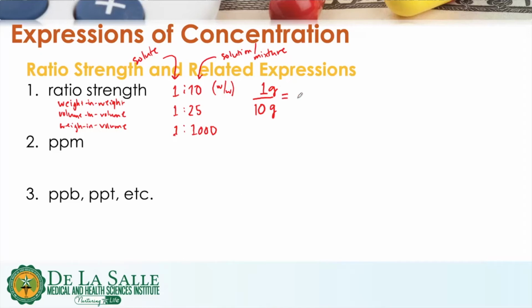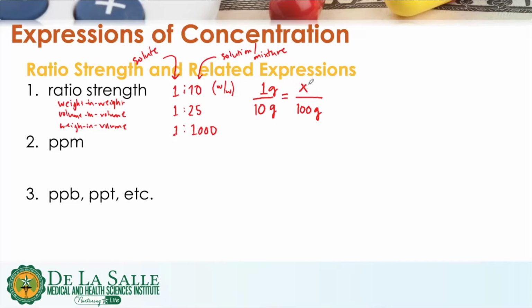If we were to convert this to percent strength, we will simply perform ratio and proportion like this. To determine the equivalent percent strength that is also in weight, we will use this ratio and proportion.